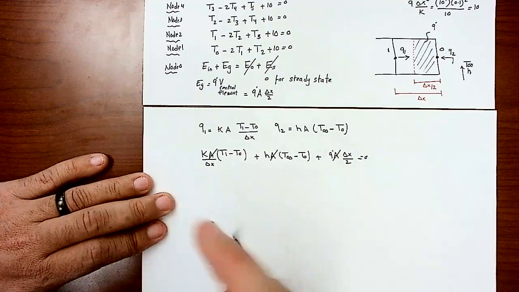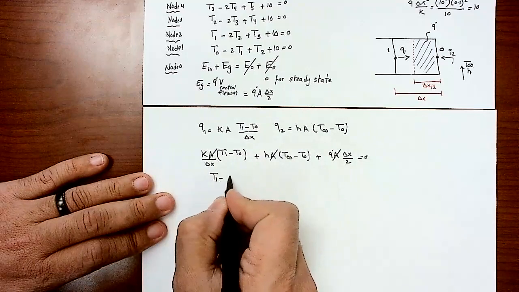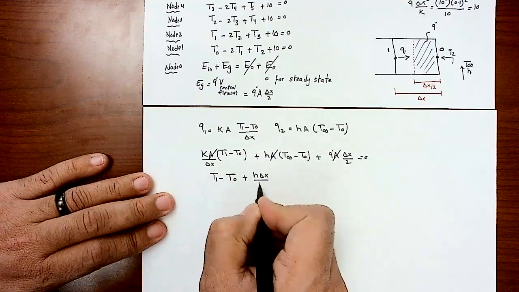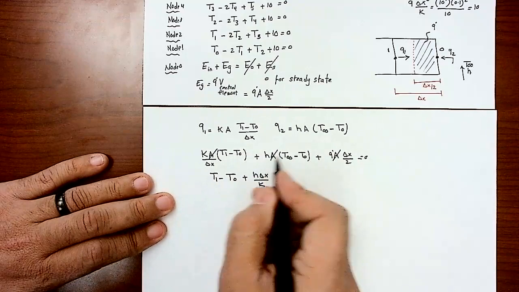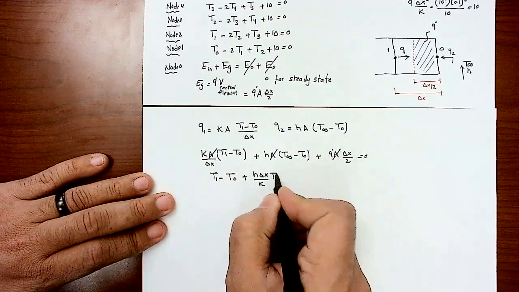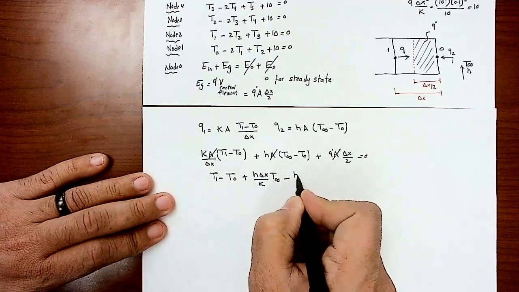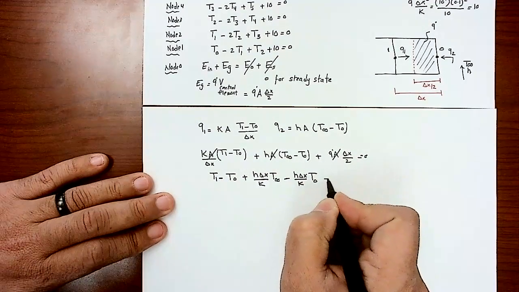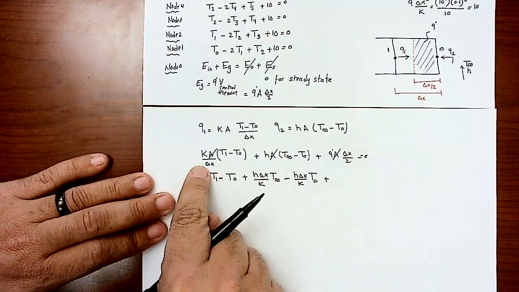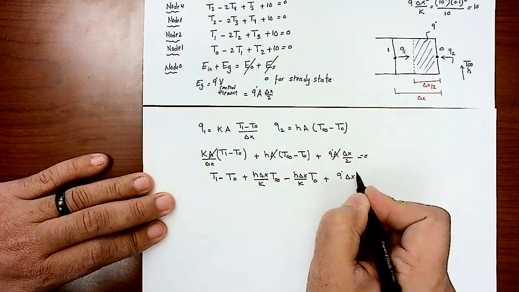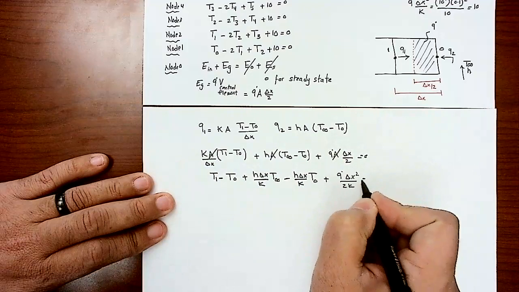Multiply the equation by delta X over K. So I'm going to have T1 minus T node plus H delta X over K. I'm going to distribute that term over the two values between the parentheses. So this will be T infinity minus, again, H delta X over K times T node plus, multiplying by delta X over K, Q dot delta X squared over 2K equals 0.